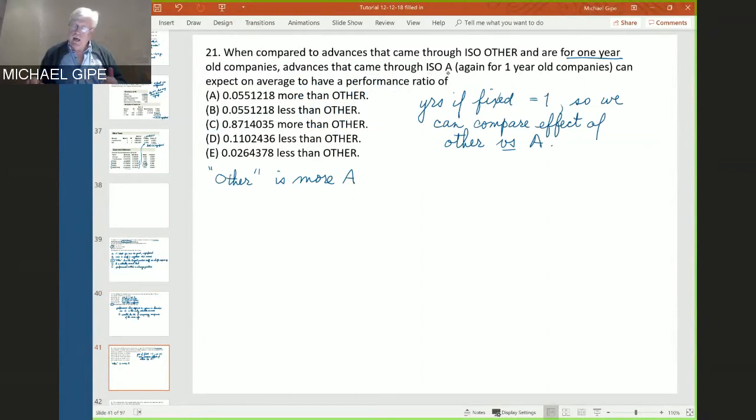advances that came through A can expect on average to have a performance ratio more or less. And since other is more than A, A has lower performance than other.